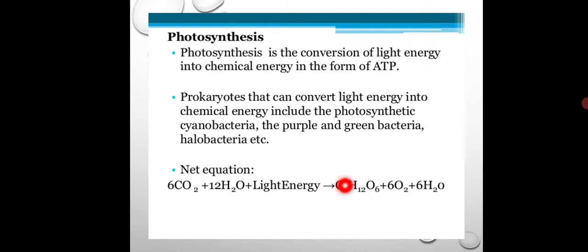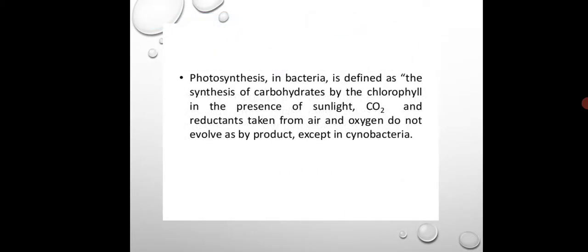This is the equation or overall reaction of photosynthesis. Now, photosynthesis in bacteria can be defined as the synthesis of carbohydrates in the presence of chlorophyll, sunlight, and carbon dioxide from the air. What is photosynthesis in bacteria?